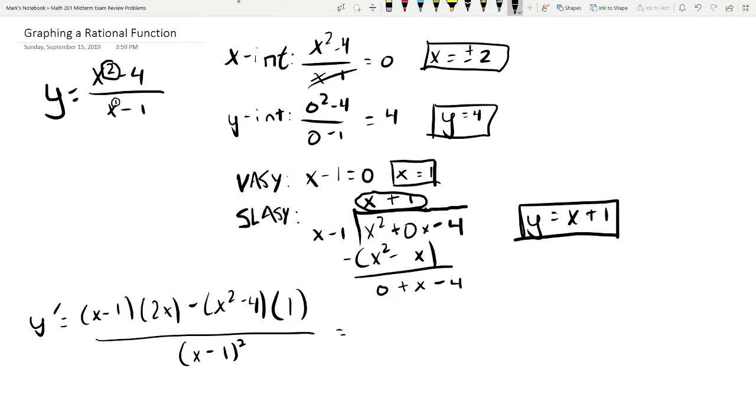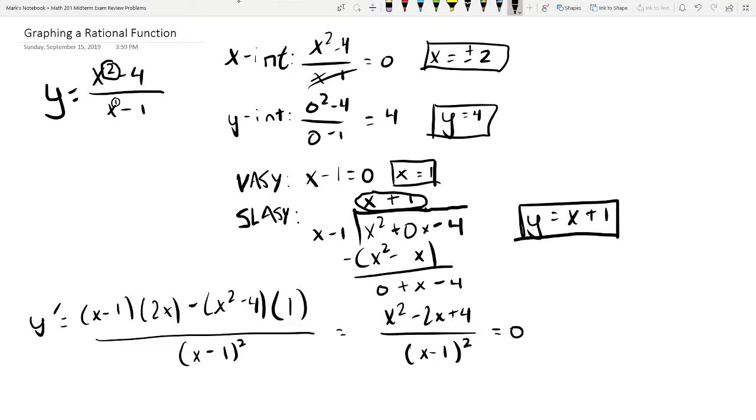Now I did some of this work ahead of time just to make the video go a little bit faster. You're more than welcome to double check this on your own. But this is going to simplify to x squared minus 2x plus 4 divided by x minus 1 squared. And then we set that equal to 0 in order to figure out where our derivative is equal to 0.